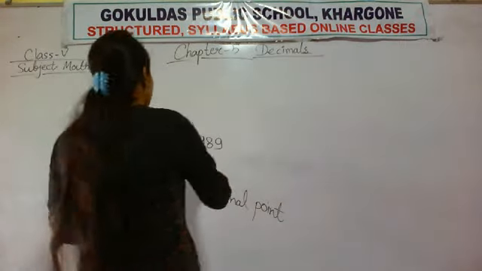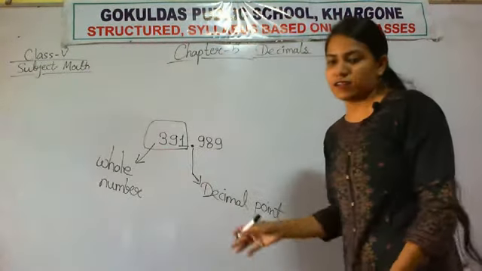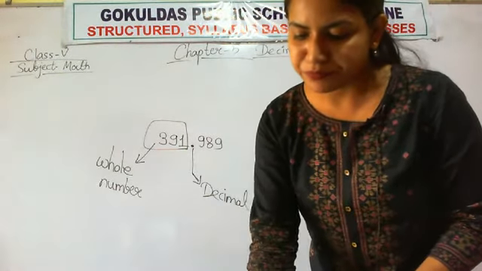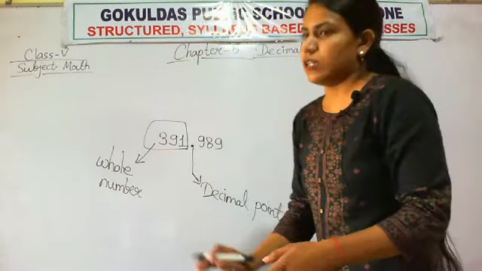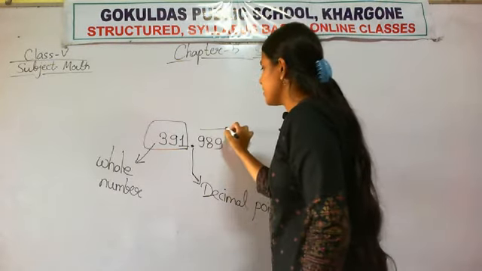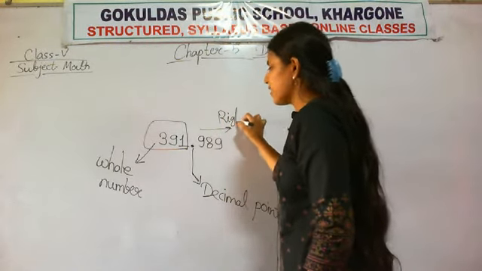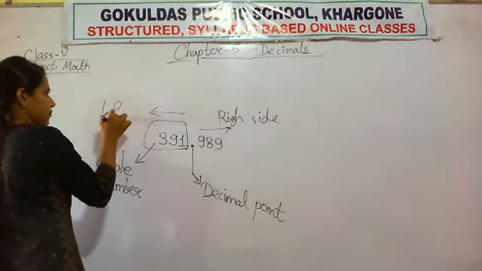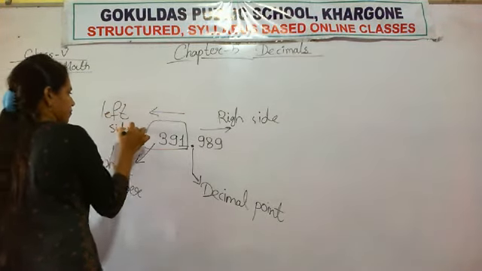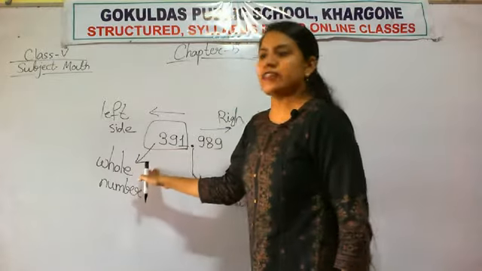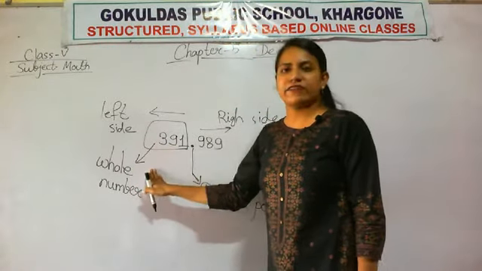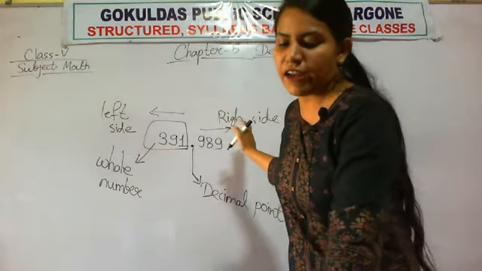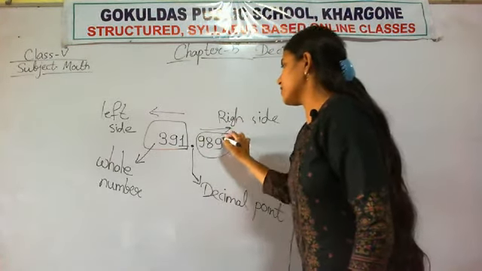The digits left to the decimal point are known as the whole number, and the digits written right to the decimal point are on the right side. This is the right side, this is the left side. The number at the left side is known as the whole number, and this part at the right side is known as the decimal part.